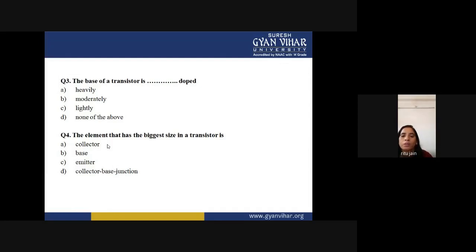Suppose there are 10 electrons going from emitter to base: two or three electrons will combine with the holes in the base, and the remaining electrons will come to the collector terminal. So the element that has the biggest size in a transistor is the emitter.